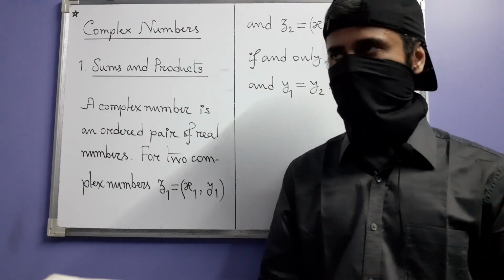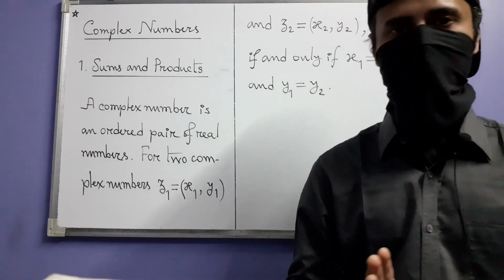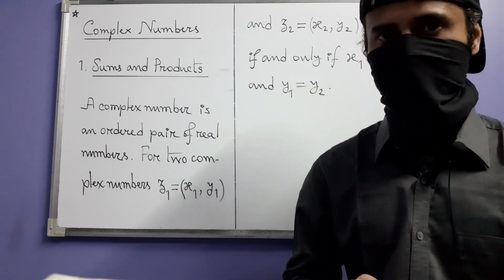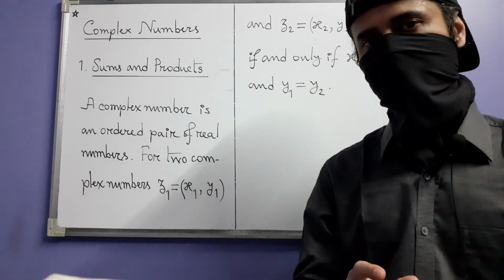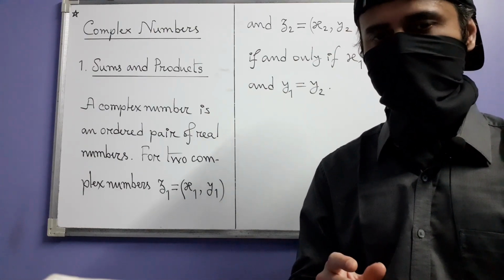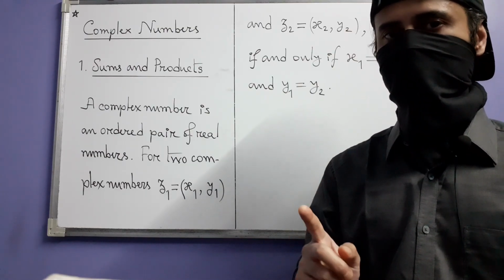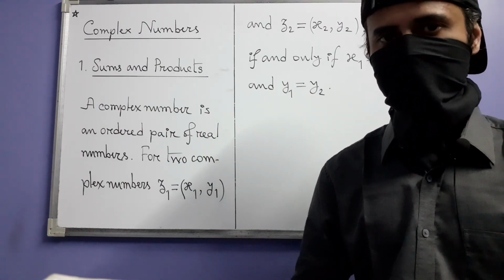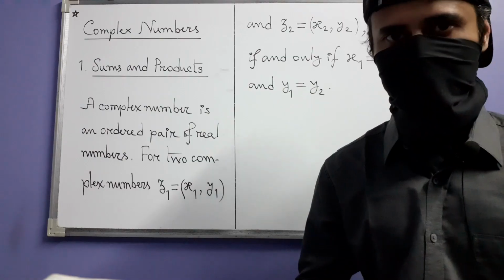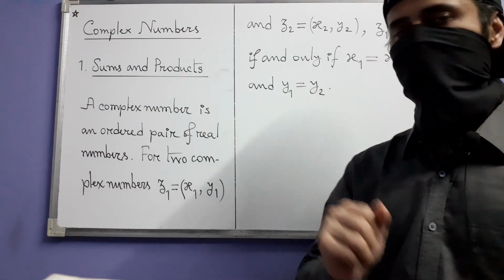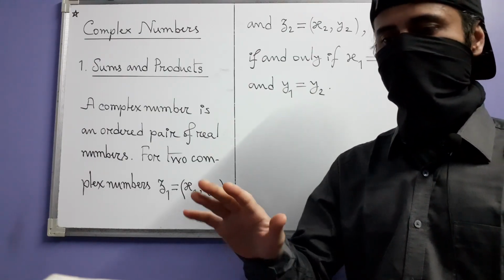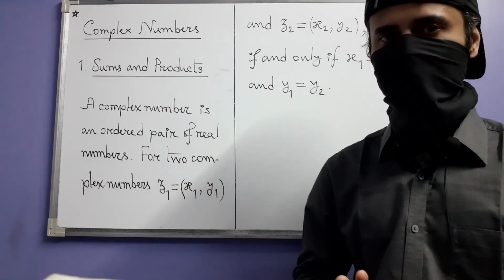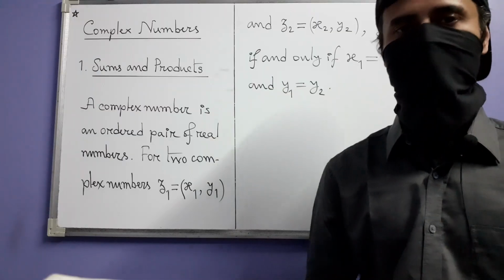So if you look at this definition and think of it for a moment, complex numbers are actually nothing entirely new to us. We have already known complex numbers for a very long time. You recall that in school you were taught how to draw graphs of equations, graphs of functions. What did you do there? You have the graph paper. First you drew a table of some values, some pairs of numbers.